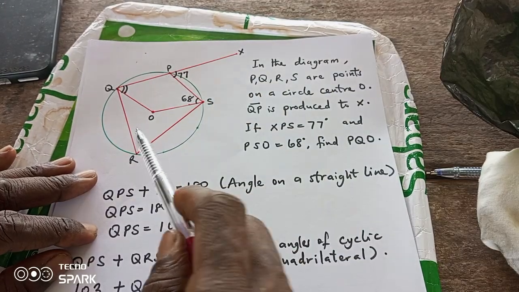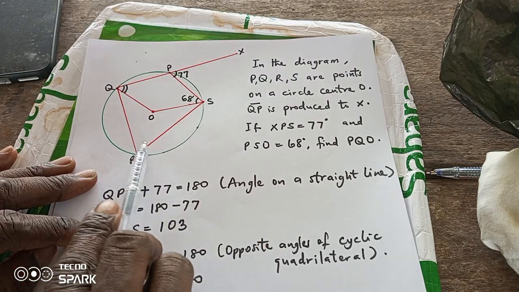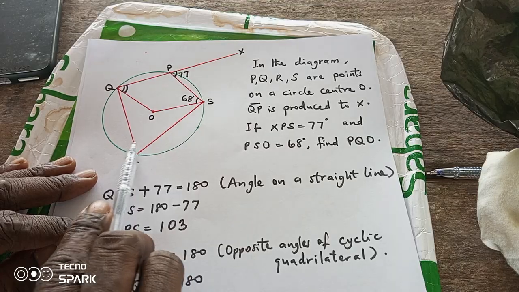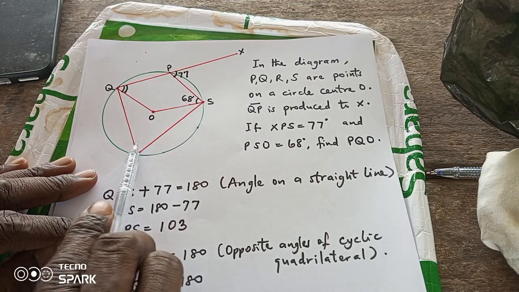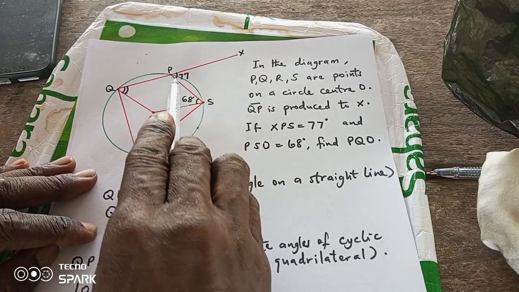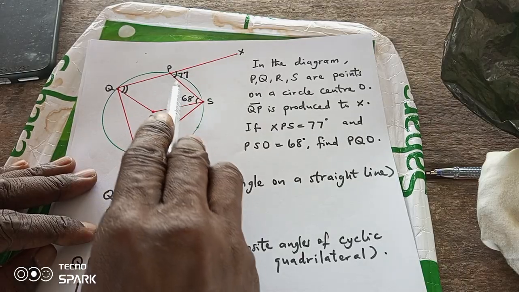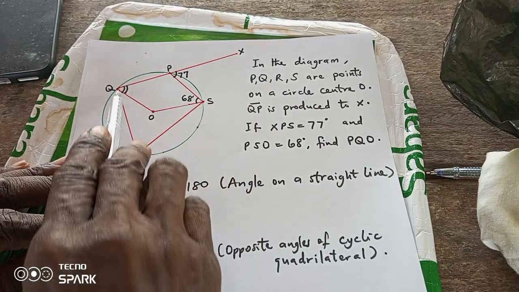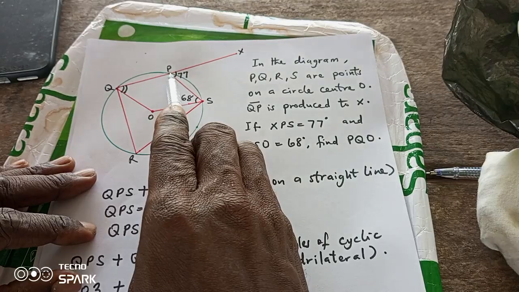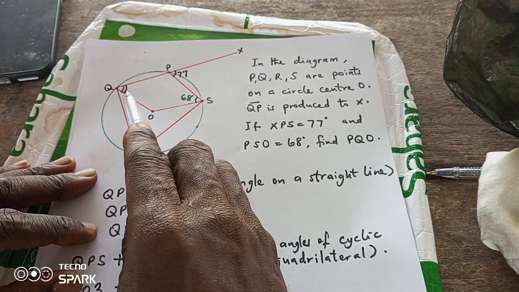From here, we will be able to look for the angle that is here. So how are we going to look for it? We realize that these 4 lines form a cyclic quadrilateral, bounded by 4 sides. Are you following me?